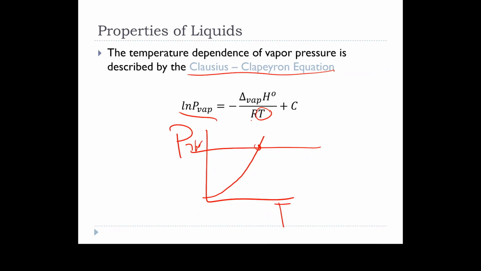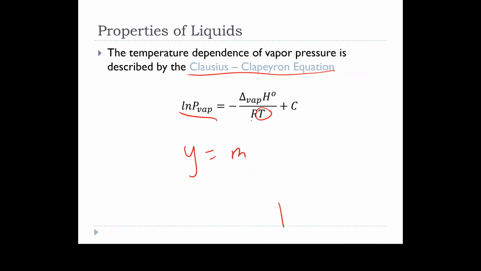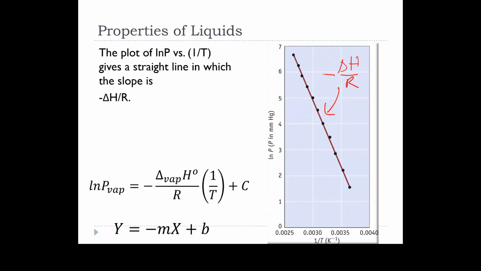Think about this as y equals mx plus b, or whatever, right? So m is minus delta H over R, and x is 1 over T, and y is natural log of vapor pressure. So if I plot natural log pressure versus 1 over T, the slope of the line is delta H over R. So you can use the difference between 2 points on this line to calculate delta H, and that's the way we usually see it.